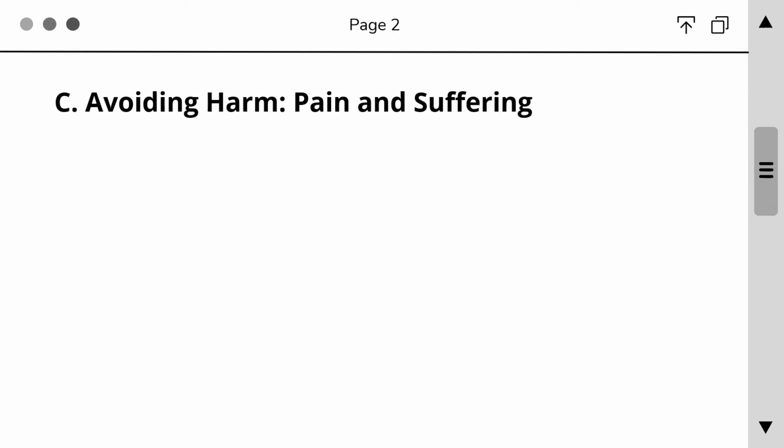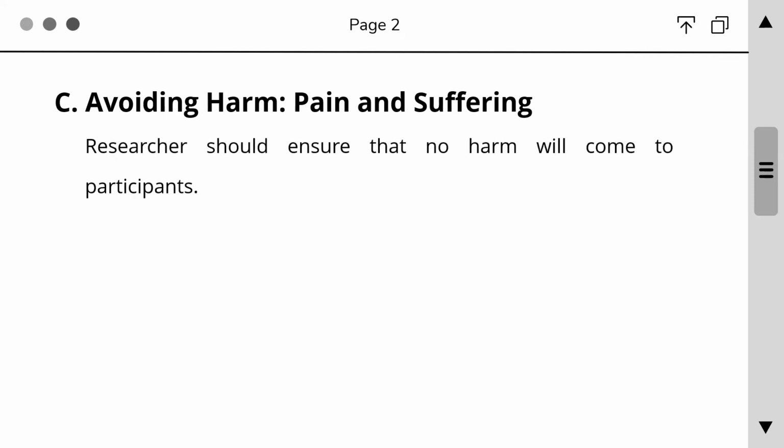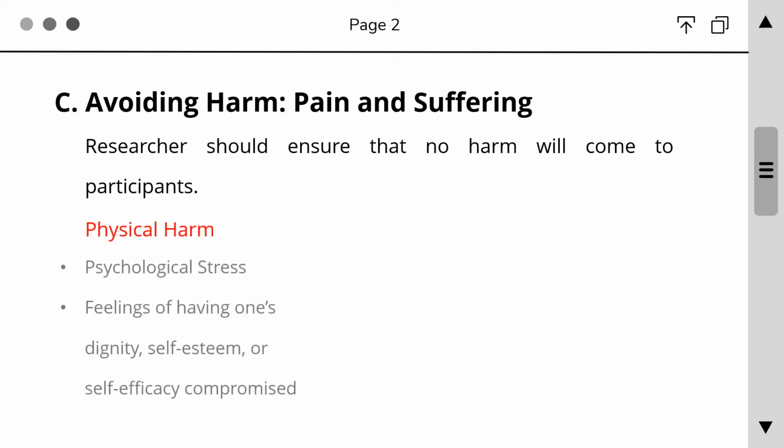Another thing to be considered among our participants is to avoid them from harm, including the pain and suffering. Now, a researcher should ensure that no harm will come to participants, and this may be manifested through physical harm that includes psychological stress and feelings of having one's dignity, self-esteem, or self-efficacy compromised.